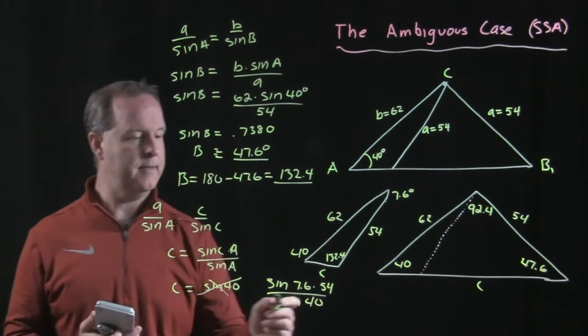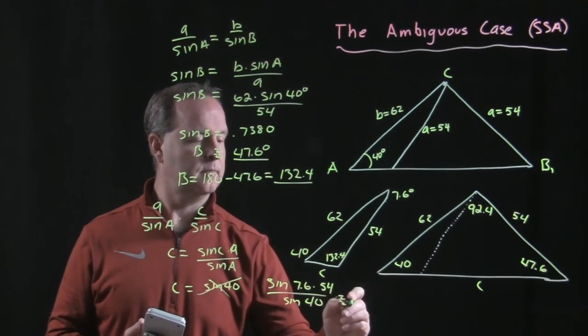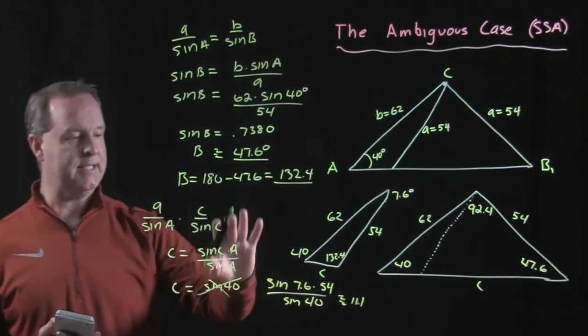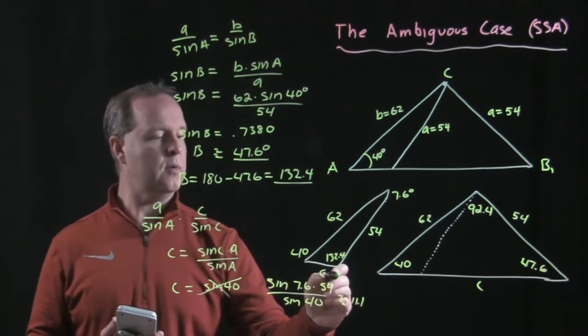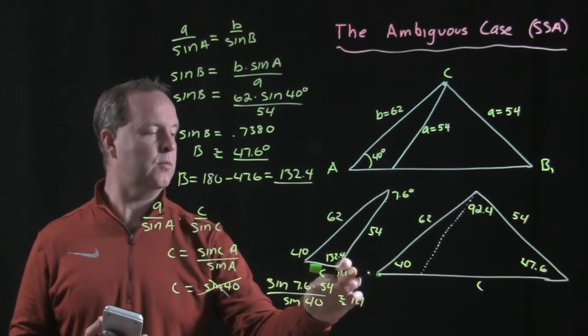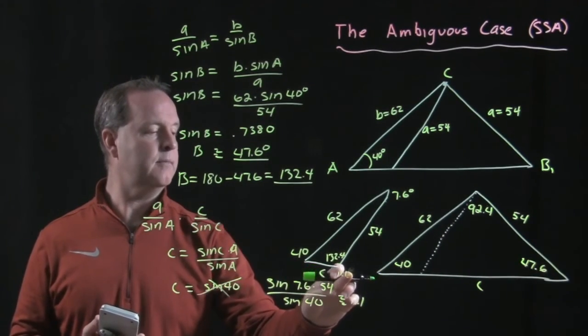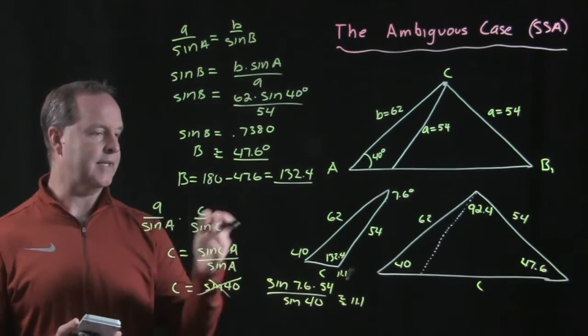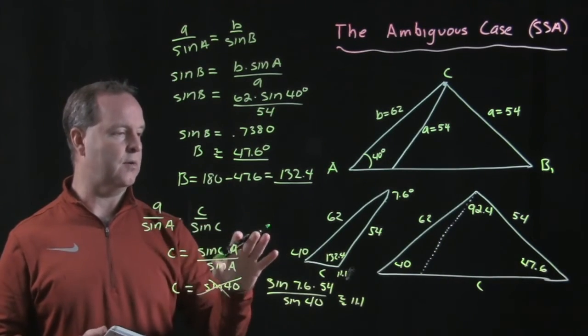Equals 11.1. So C in this skinnier triangle would equal 11.1 units. That seems reasonable because that side extends from the smallest angle. So that triangle is solved.